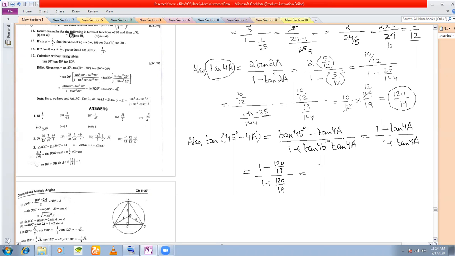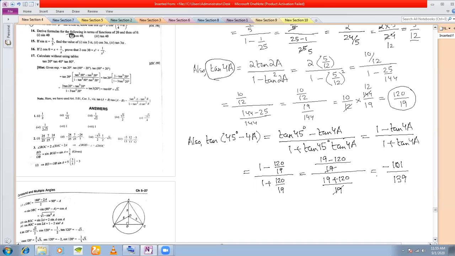If you take the LCM, 19 minus 120, and in the denominator, you get 19 plus 120 divided by 19. Now these two cancel. 19 minus 120 is minus 101, and this is 139.